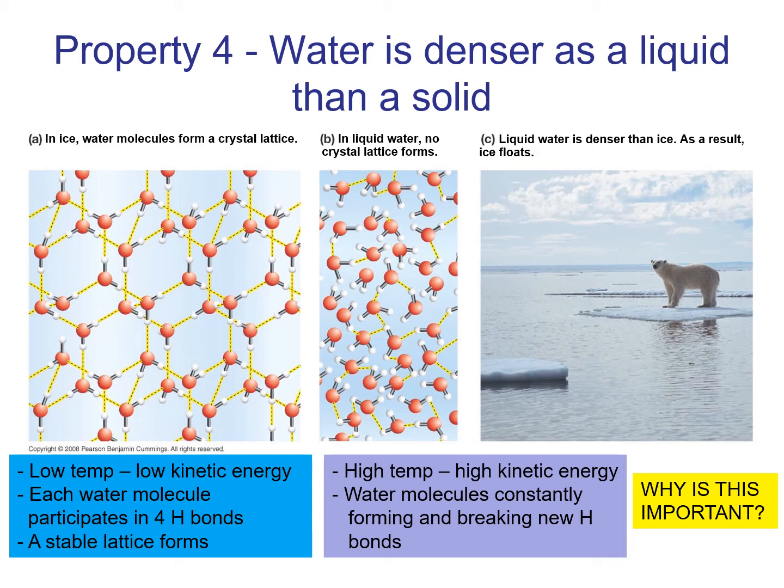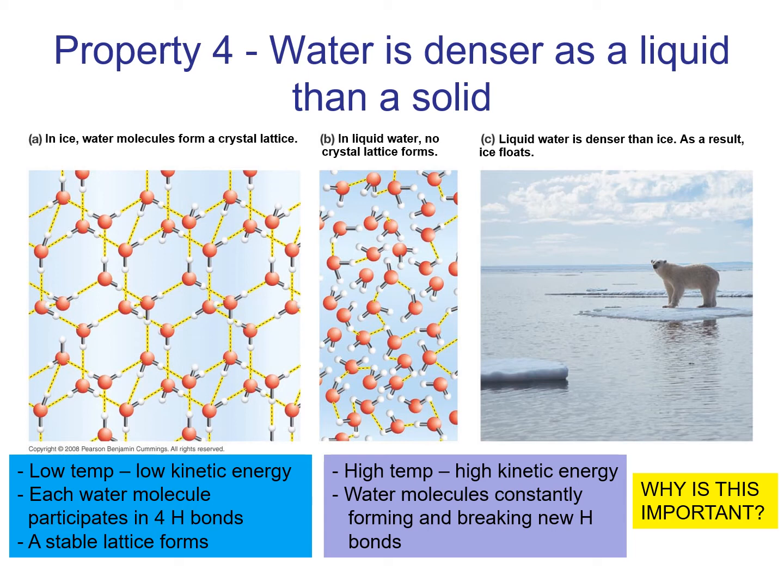And the reason it starts to expand is because now the water molecules are moving slowly enough that they can actually form those 4 bonds with other water molecules. And this causes the water molecules to expand and form a lattice work, as you can see on the left. So on the left, we have basically water in its crystalline form, which is ice.